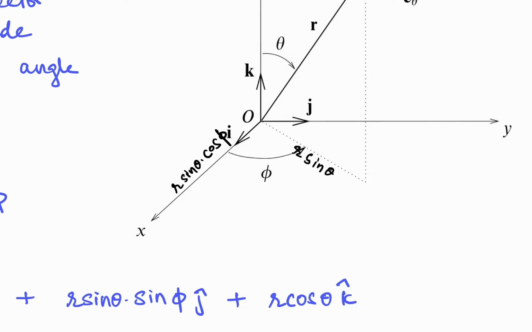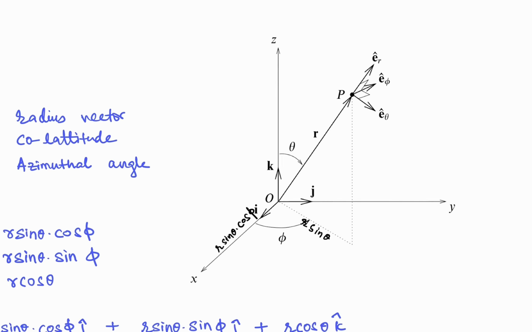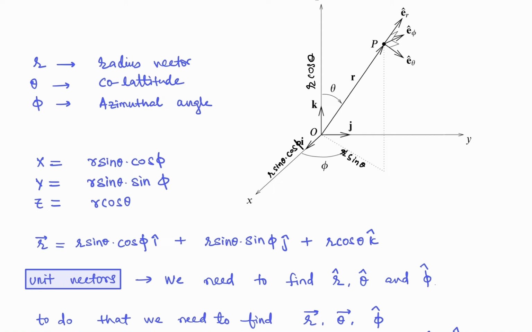Along the z axis it will be r cos theta. So we break the same thing and write it here, where x is r sine theta cos phi, y is r sine theta sine phi, and z is r cos theta. And r is the radial vector or radius vector, theta is called co-latitude, and psi is called the azimuthal angle.